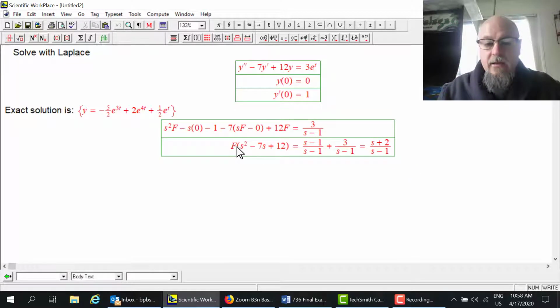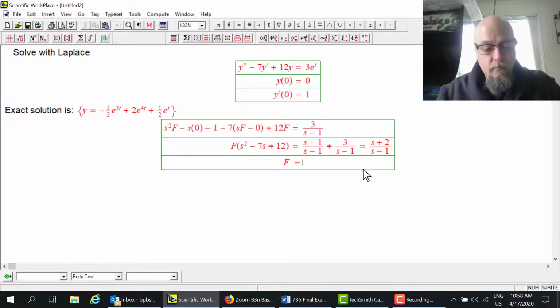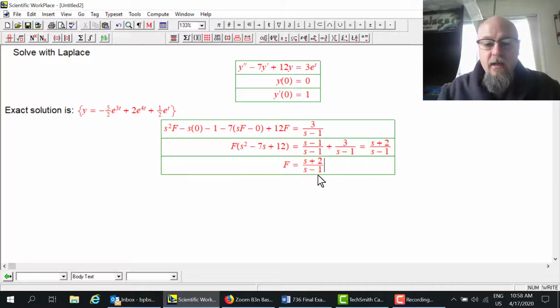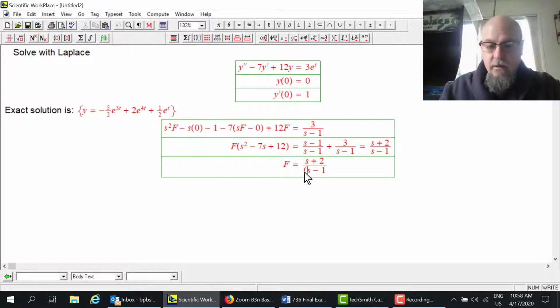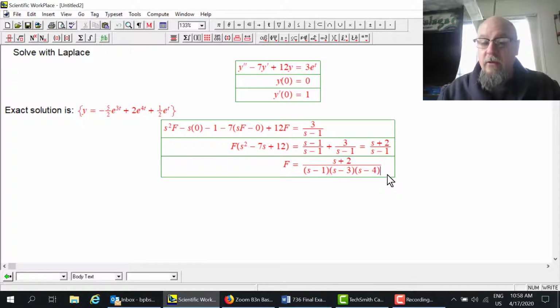So now I can divide out the auxiliary equation part. So f is equal to that, divided by, and I'm going to throw it on the bottom here in its factored form, s minus 3 times s minus 4.